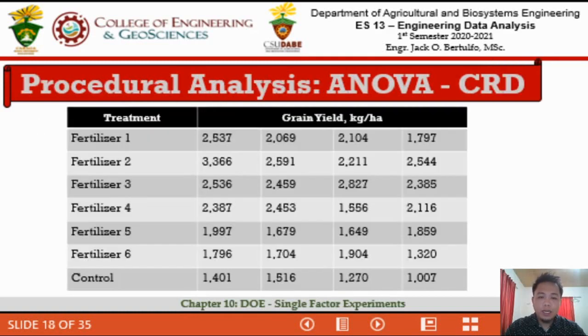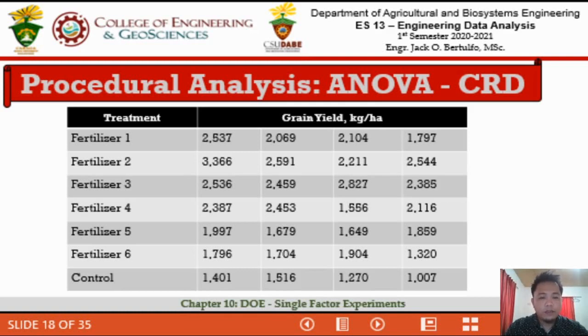So to discuss the design procedure for the CRD, let me have this example. Let's say that you have 7 treatments.